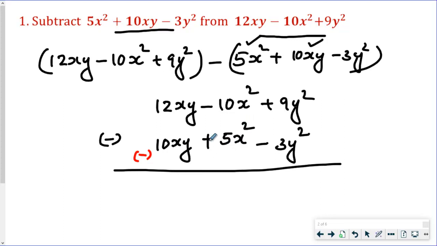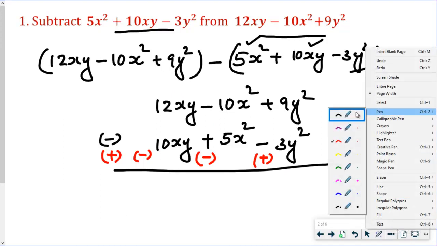Now here 5x square, here plus symbol, this plus symbol is replaced by minus. Now 3y square is minus, so this minus is replaced by plus. After interchanging all the terms in the second polynomial, we have to do the addition. We have to do the addition with the first polynomial. Now we can do the addition.